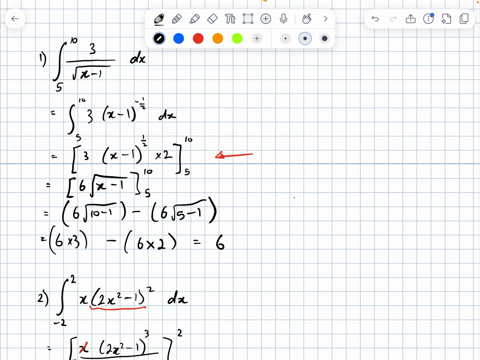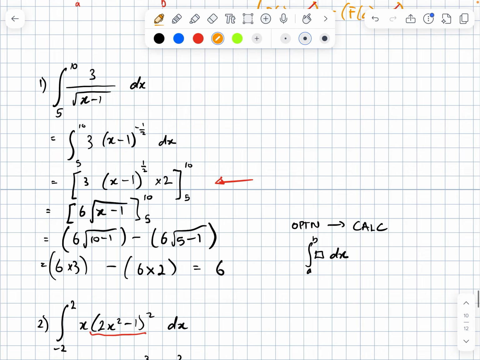In your Casio graphics calculator, to do a definite integral, you're going to go to the main calculator mode, and then you're going to click option, and then you're going to go to calc. Calc stands for calculus, and then there are a few options in there. One of them looks like an integral sign. You're going to click on that, and you'll then enter the original function exactly as it's drawn here.